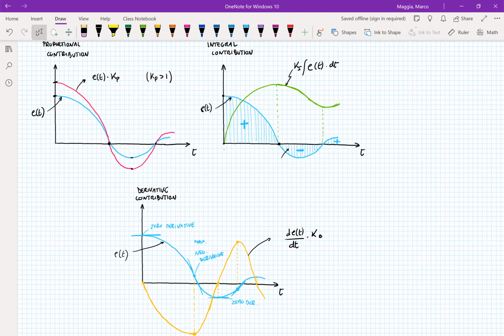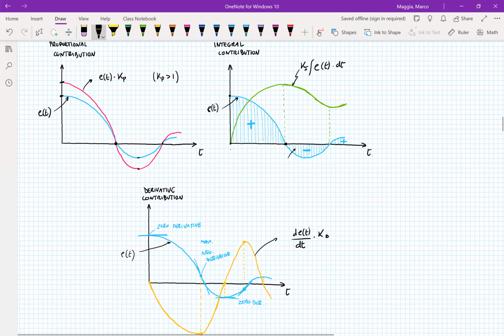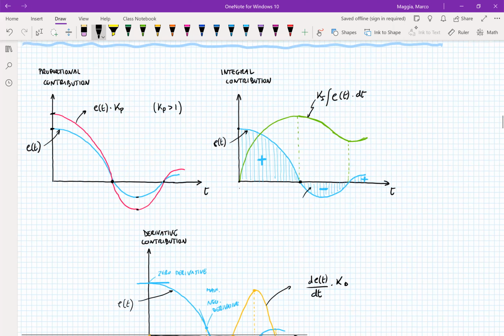However, it is easier to manipulate mathematically these quantities in the S domain, because, let me repeat it once again, in order to take the integral of a function, all you need to do in the S domain is to divide by S. And when you take a derivative of a function, all you need to do is to multiply the function by S.